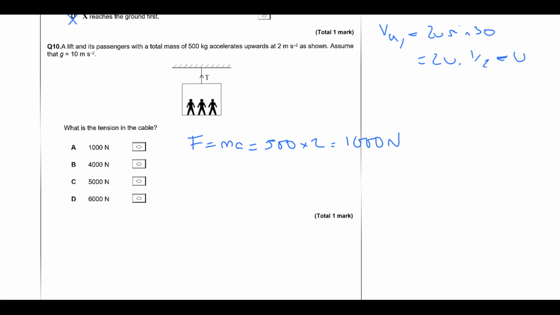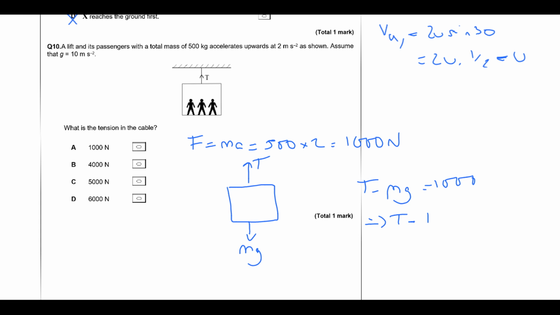So we know that T minus mg is equal to 1,000, because the resultant force is the difference between T and mg. So T is going to be 1,000 plus 500 times 10, 6,000 newtons there. So option D.